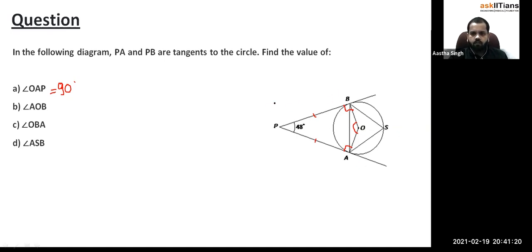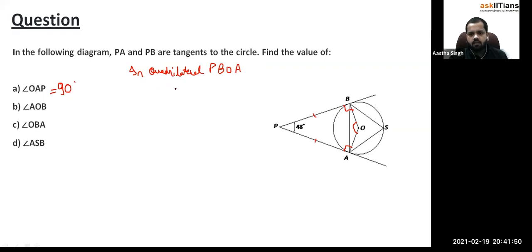Okay. So, guys, in quadrilateral PBOA, if we take quadrilateral PBOA, all angle sums will be equal to your what?